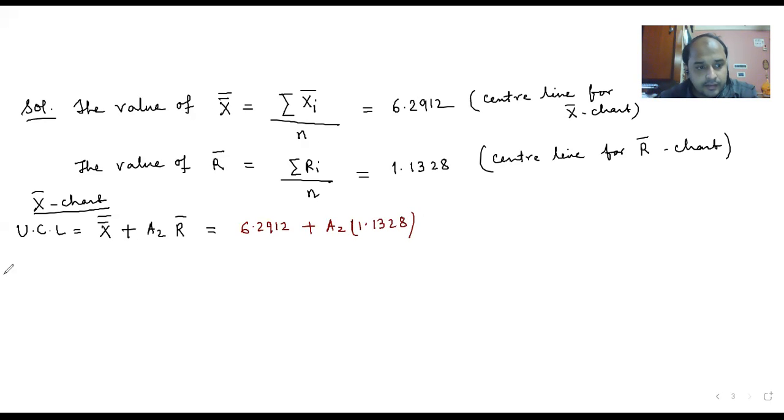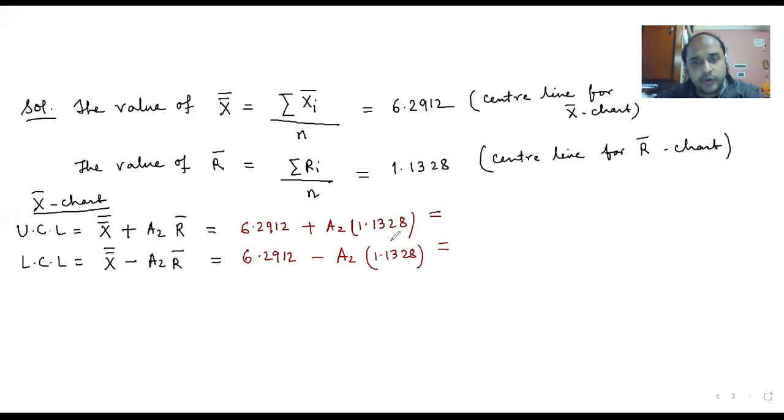And LCL is given to be X bar minus A2 R bar, which is 6.2912 minus A2 into 1.1328. Okay, so we are going to calculate that for the X bar chart.